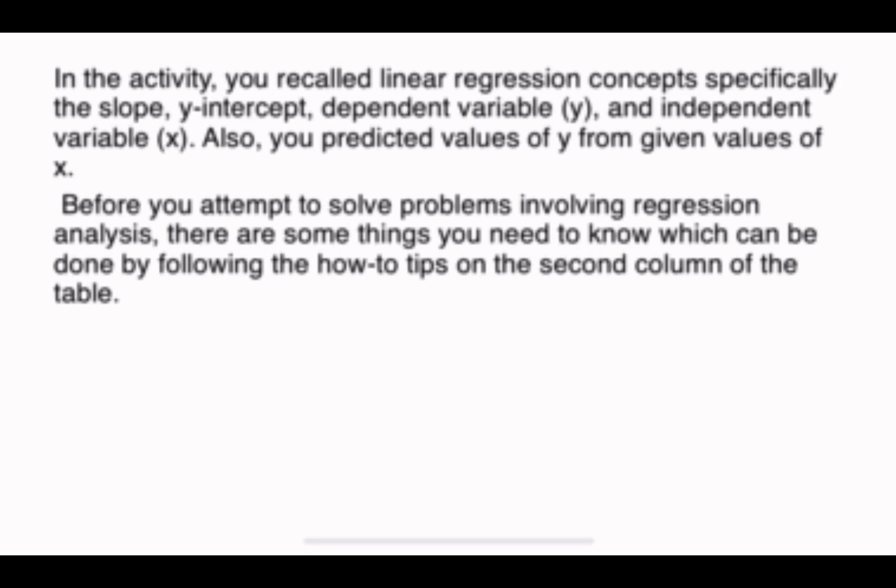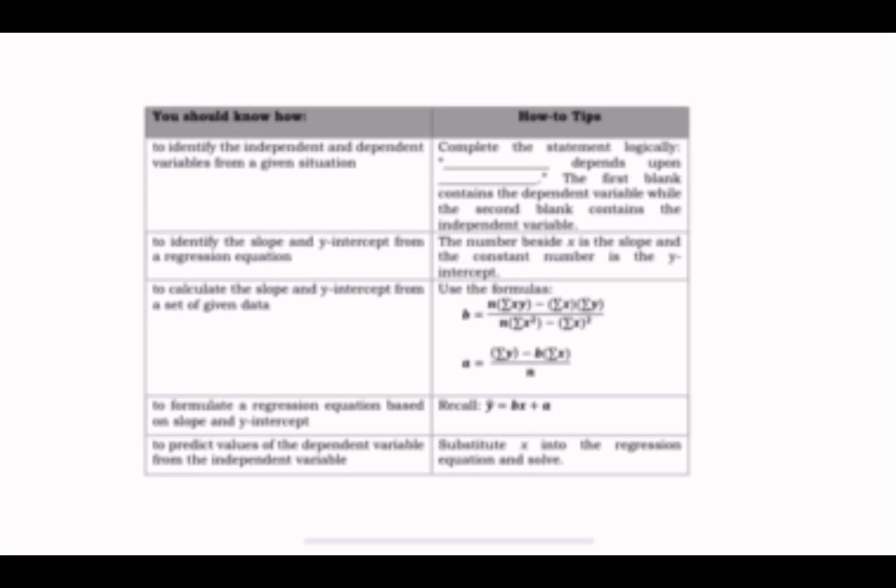Before solving problems involving regression analysis, there are some things you need to know, which can be done by following the how-to tips on the second slide. You should know how to identify the independent and dependent variables from a given situation. How to complete the statement logically: blank depends upon blank.